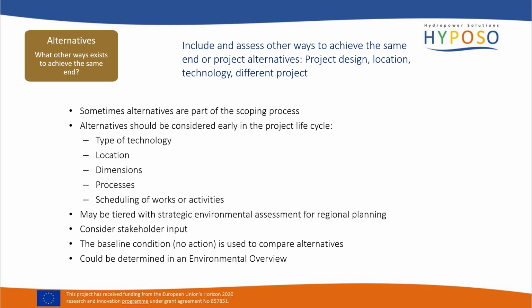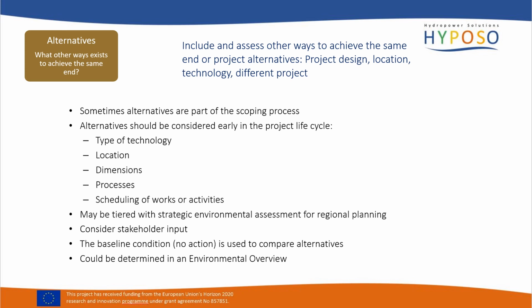Also can be in the selection of the technology that could be used. For instance, the type of turbine or what type of project could it be. For instance, it could be a run-of-the-river project, or it could be a diversion. That could be also an alternative to analyze.